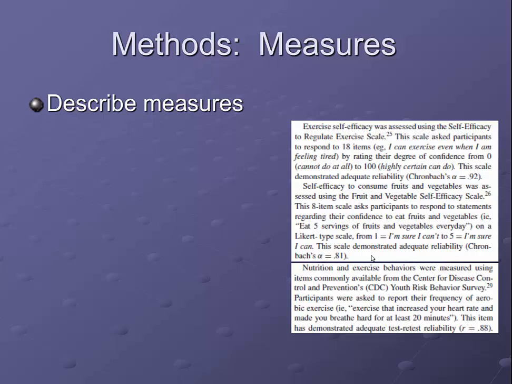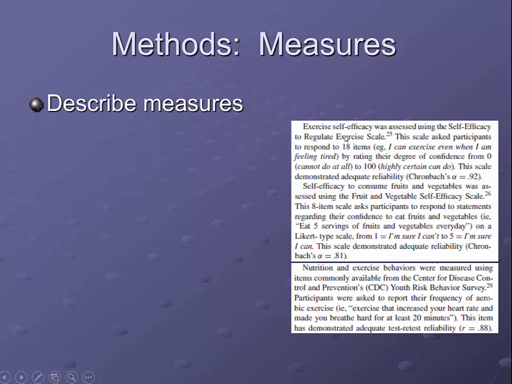In the third paragraph, then you want to discuss what your data collection tools were. Typically, we're going to be collecting data with surveys or questionnaires. So you can see in the article, I talk about that I had a number of different variables that I was collecting data on: exercise self-efficacy, self-efficacy to consume fruits and vegetables, exercise behaviors.